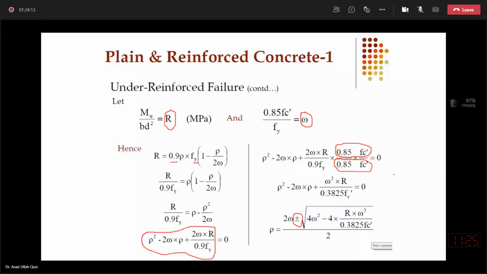In this way, the Fy and 0.9 into 0.85 and 0.85 into 2, they actually converted this Fy also into omega. So then omega will become omega square.